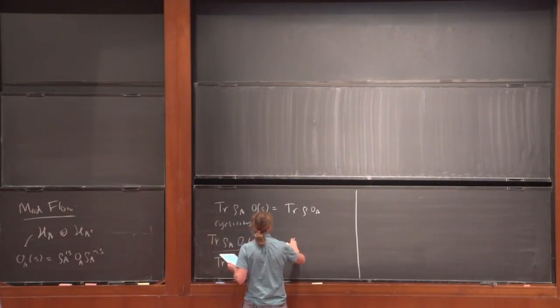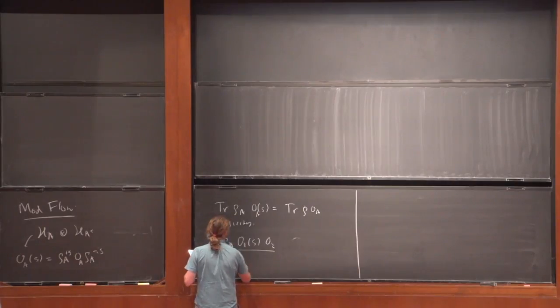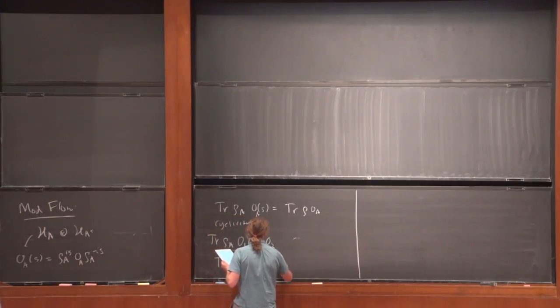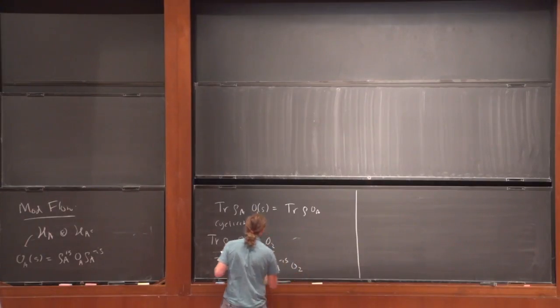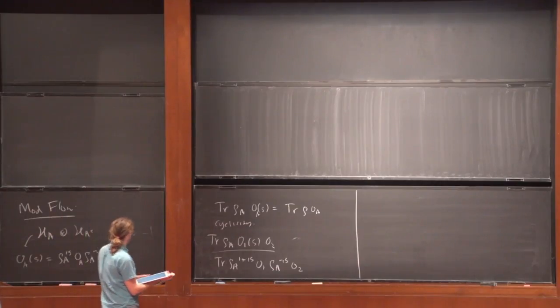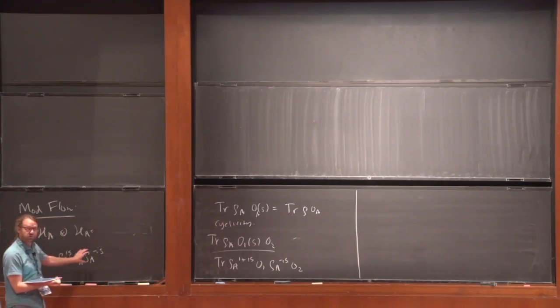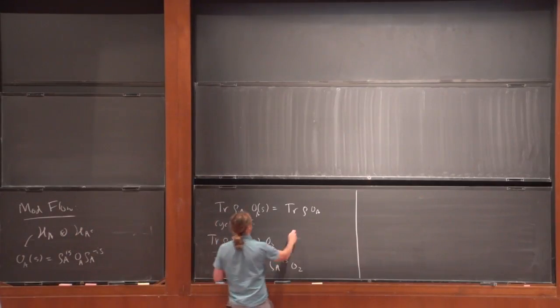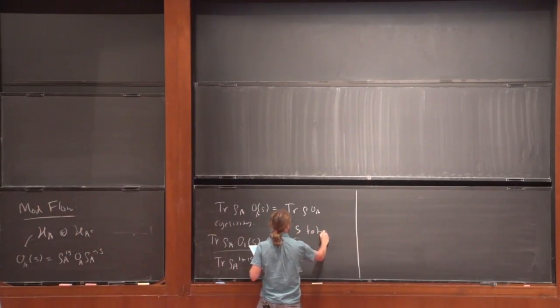So in particular, 1 plus iS, O1, rho A minus iS, O2. And if I think of S, you should think of typically as a real parameter, but now I'm going to complexify S. So take S to be complex.